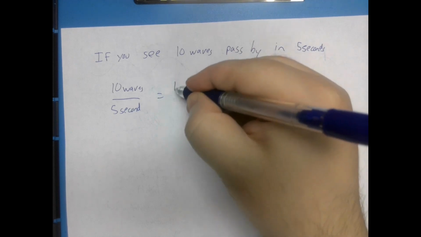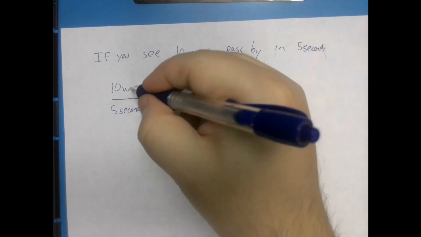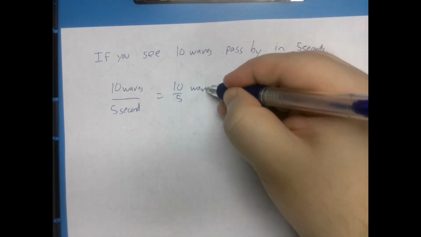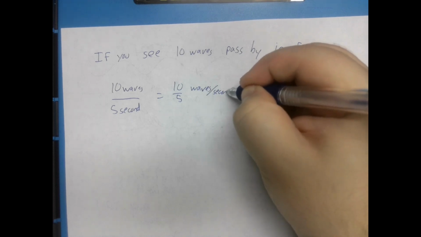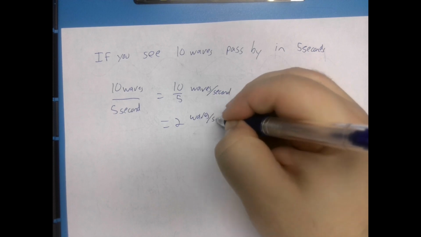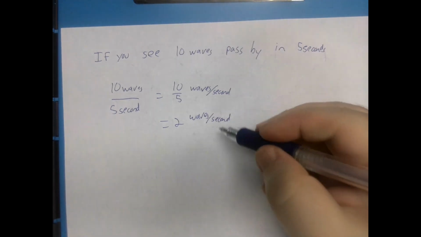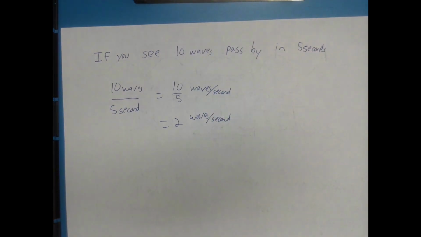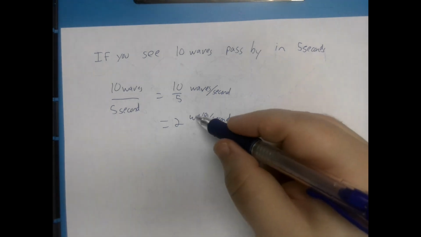So that's equal to 10 divided by 5. Our units is waves per second. And that tells you 2 waves per second. Is this a measure of speed? Speed is in meters per second. Where do you see meters anywhere in that? This is frequency.